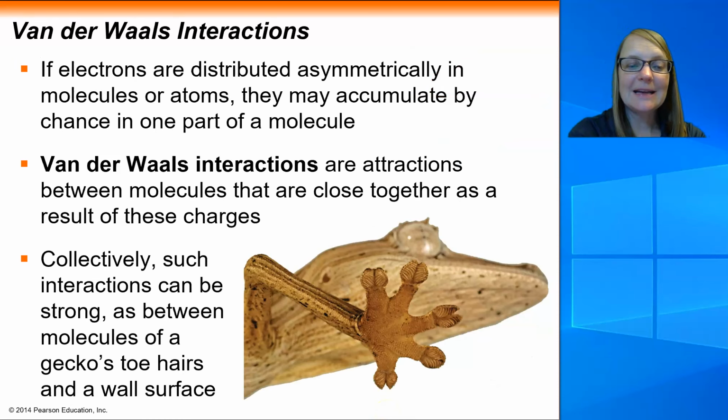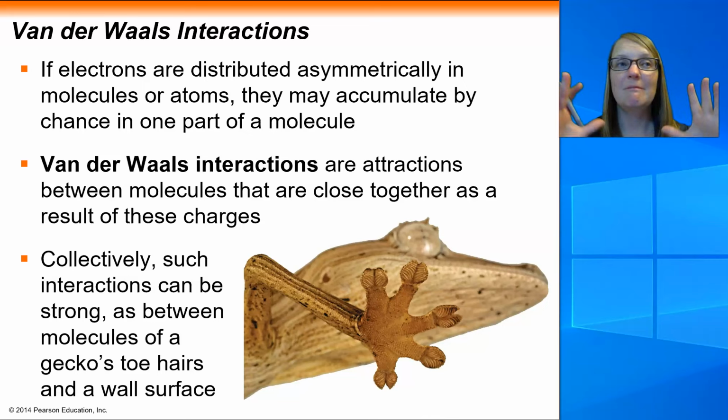All right, last type of bond that we're going to talk about are what we call van der Waals interactions. These are also kind of tough to comprehend. But if you think about matter, right, anything around us, the computer, a pencil, a piece of paper, all of these pieces of matter are made out of atoms. You have protons and neutrons and electrons in there.